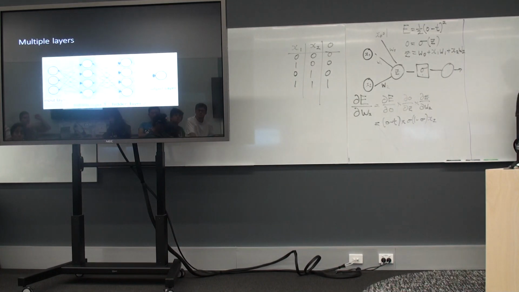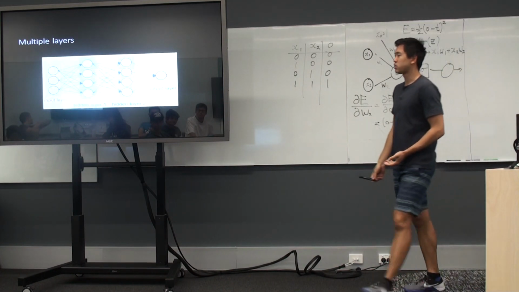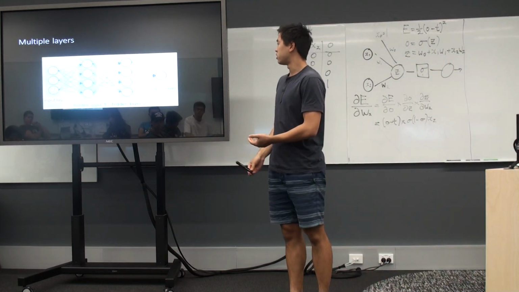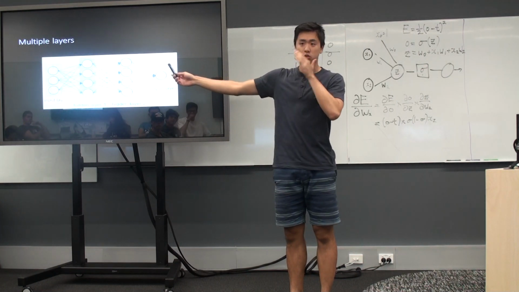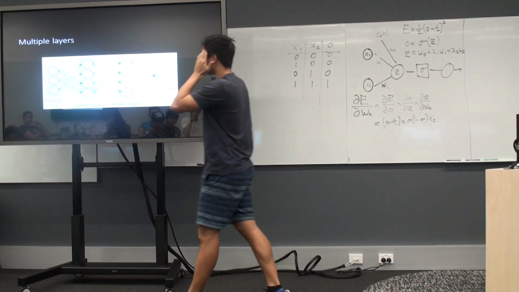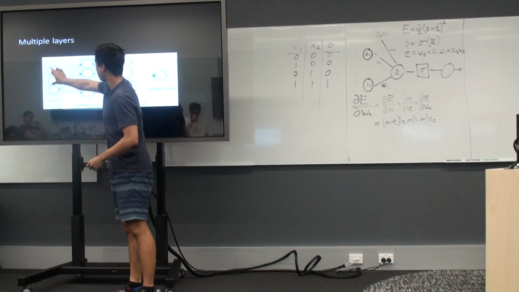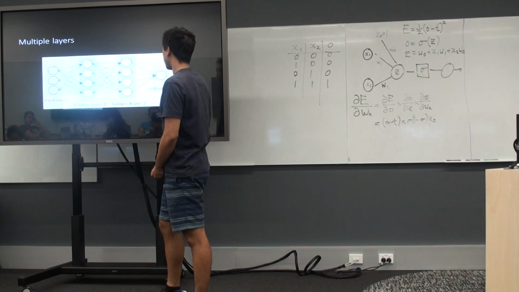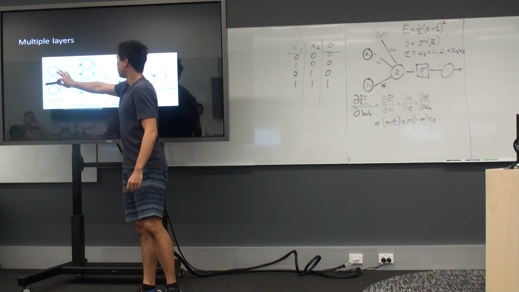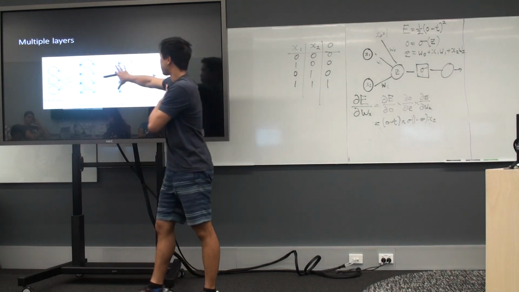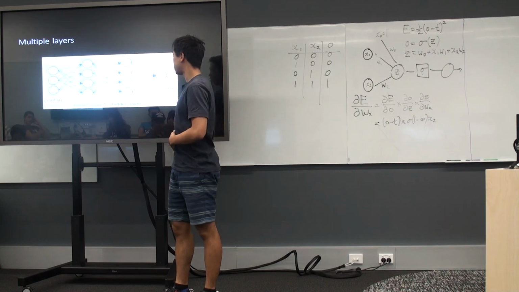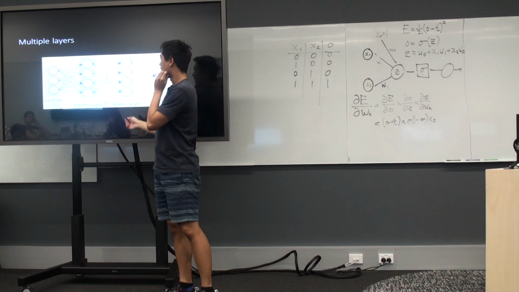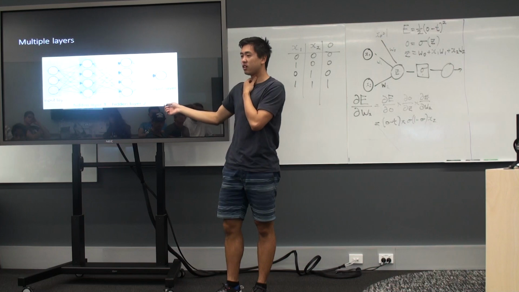This is just an example of what a neural network with multiple layers would look like. Today we just looked at 2 inputs going to 1 output, which is the classic perceptron. But say you have 3 inputs, you can make it into a big architecture like this. This one has 2 hidden layers, an input layer and an output layer.